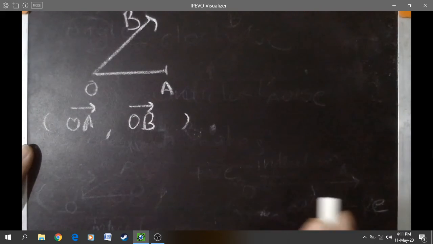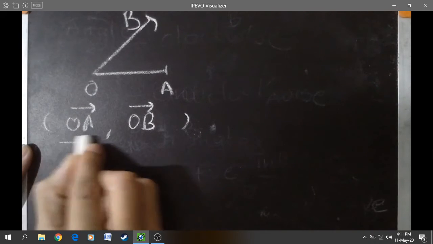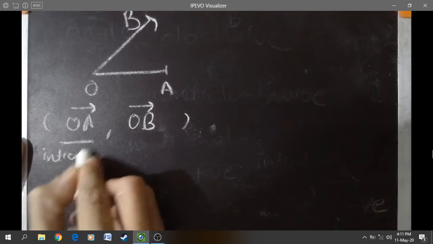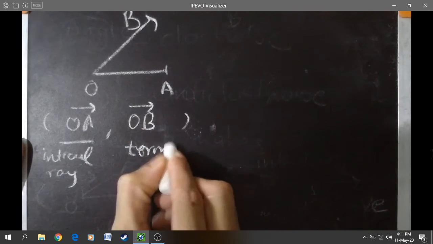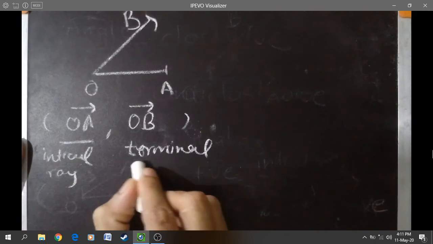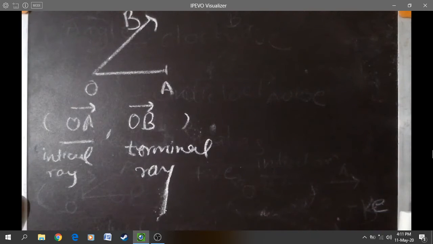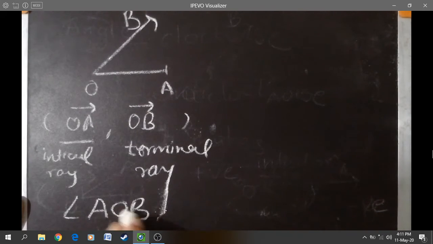These are the rays in order, so this one should be the initial ray and this one the terminal ray. So we can call it angle AOB.